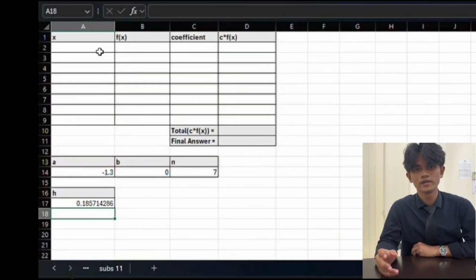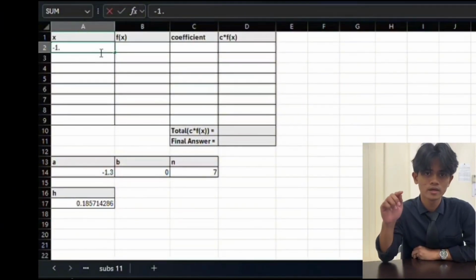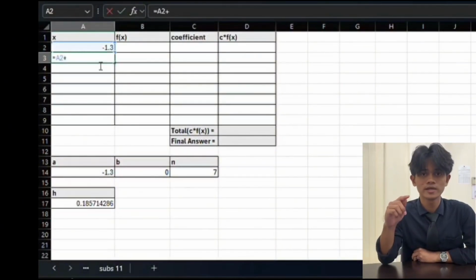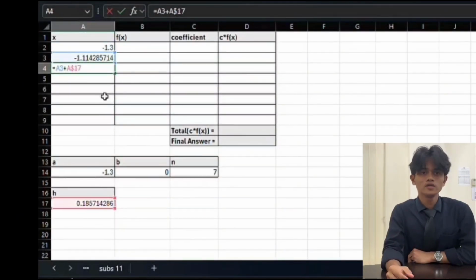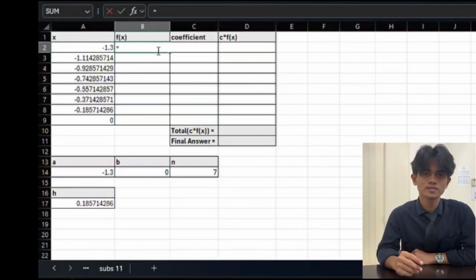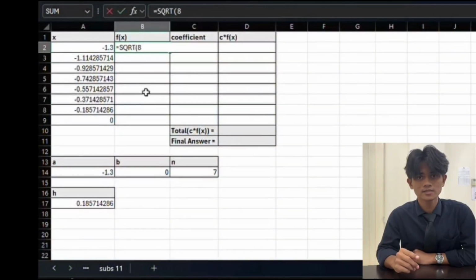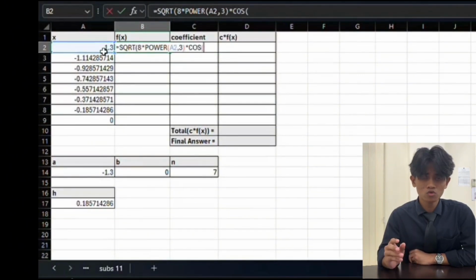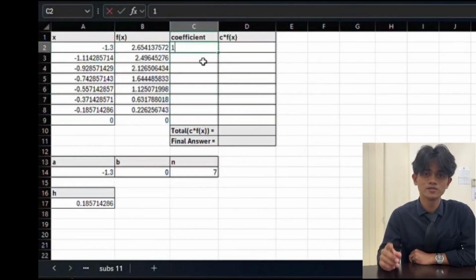In order to find x, we first put the lower limit and add h subsequently to the next data until we reach the upper limit. After we get x, we can find fx by substituting the x into our equation. Then we need to find the coefficient, which is 1 for the first and last data, and 2 for the rest.